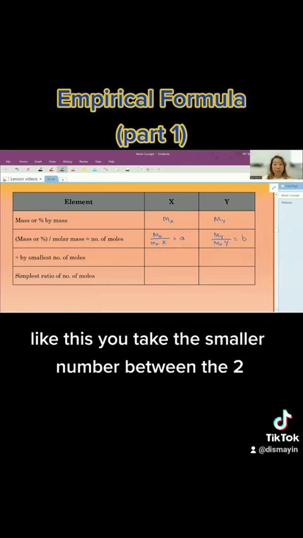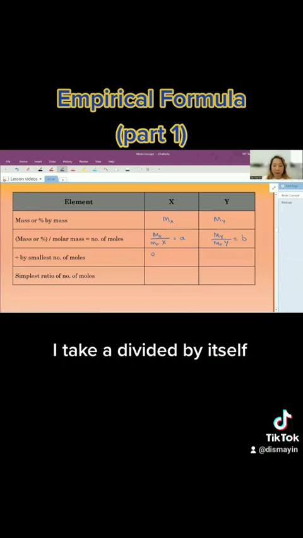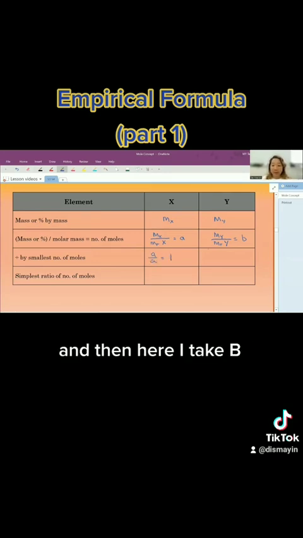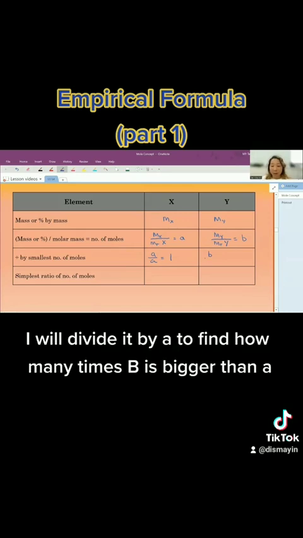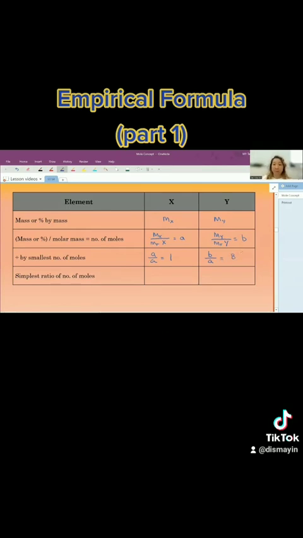Like this, you take the smaller number between the two number of moles A versus B. Like let's say A is the smaller number. I take A divided by itself, it will always give me 1, right? And then here I take B, I will divide it by A to find how many times B is bigger than A. Okay, then I'll get this certain number, like that.